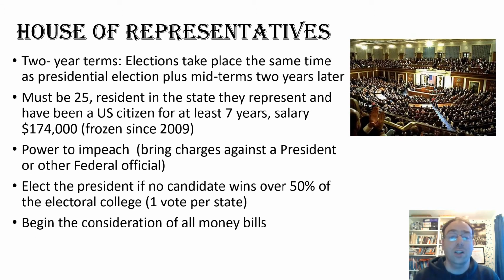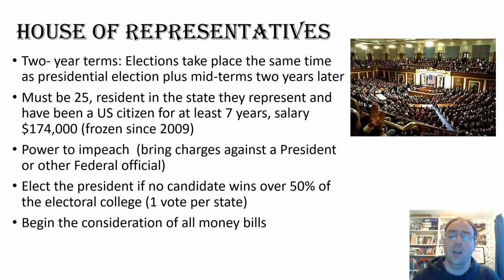Members of the House are elected for 2-year terms, and so the elections take place at the same time as the presidential election, but the president's only elected every 4 years. So we also have the midterms that take place exactly in the middle, after 2 years. So you can have really big swings over fairly short periods of time in the House because everybody's up for election every 2 years.